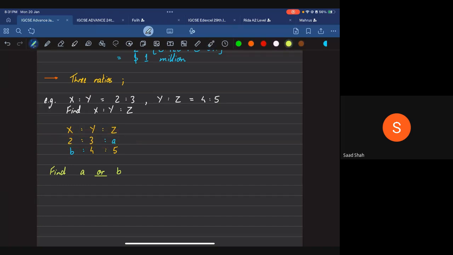Let's find using A. So if I start by finding using A, I need to first write down my ratios, which are Y ratio Z and 3 ratio A and 4 ratio 5.